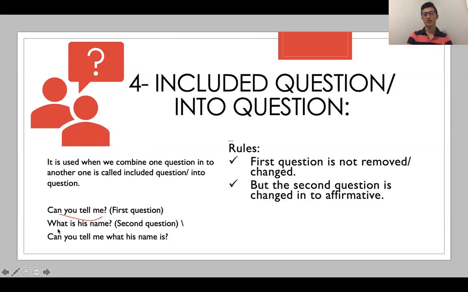Can you tell me what is his name? It is two questions, but look at the included question here: can you tell me what his name is? So is what his name is an interrogative formula? No, it is affirmative or positive formula. In what his name is, the subject is before the verb, so we know that there is a positive formula. So whenever you are going to make an included question, you have to change the second question to positive formula.